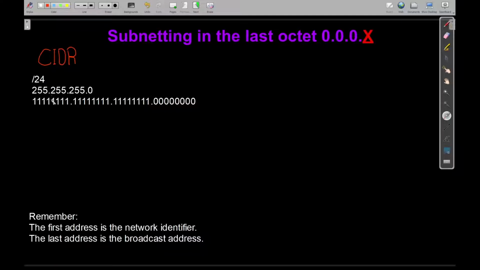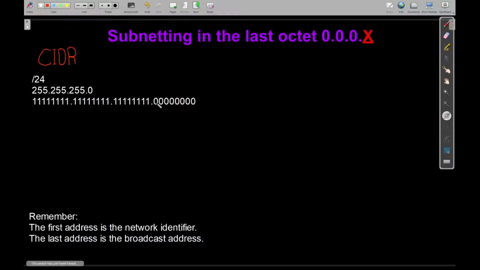I also showed you the different ways to view a subnet mask: a prefix, a normal subnet mask, which is what we use to read this, and the binary equivalent of the subnet mask and the prefix. The prefix is just a short way to identify the subnet mask.